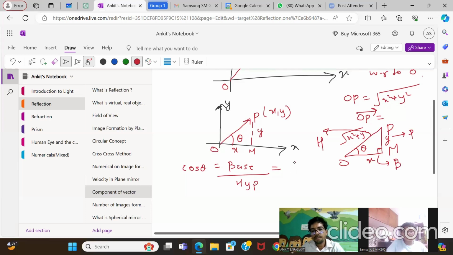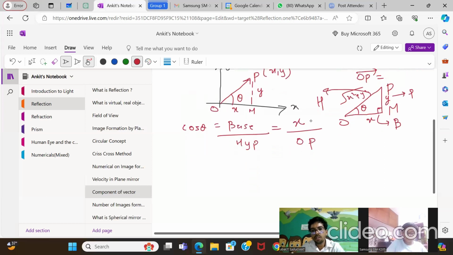OM, that is x. Hypotenuse is under root x square plus y square. Can I take this OP? So x is OP cos theta, equation 1.